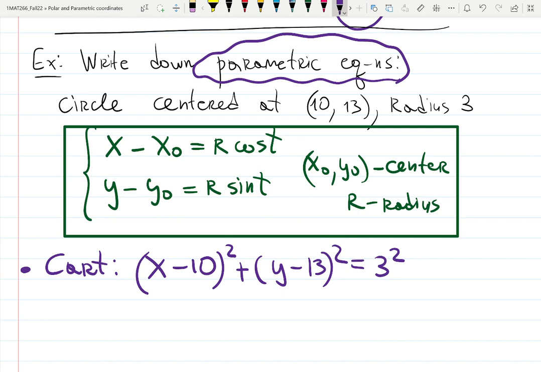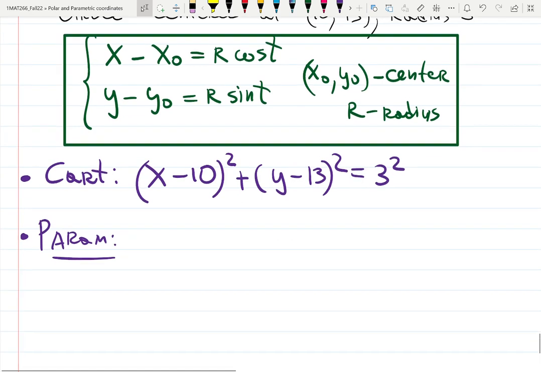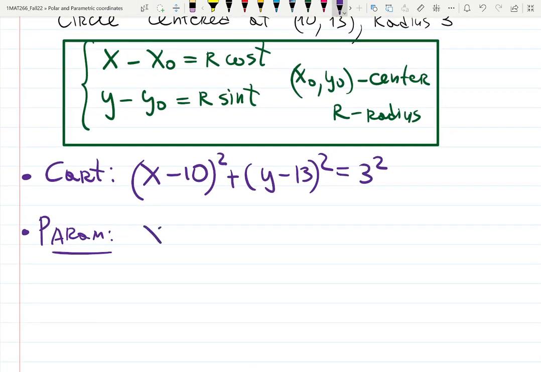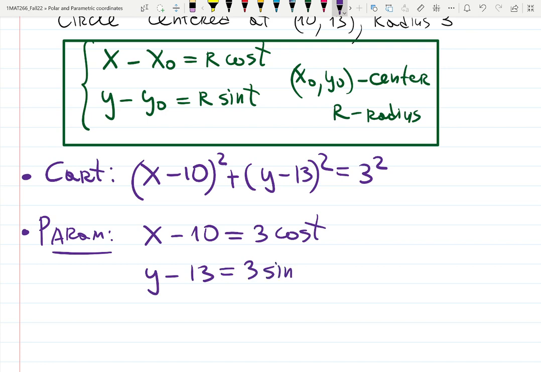Now we're learning parametric equations. Parametric will be a system, the formula I just showed you: x minus 10 equals 3 cosine t, y minus 13 equals 3 sine t.